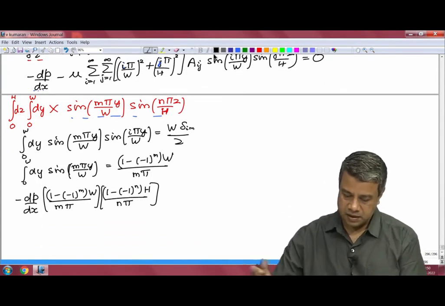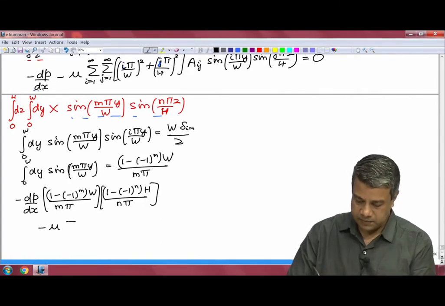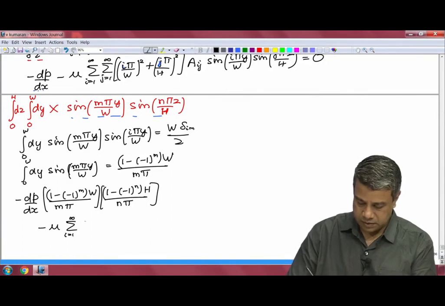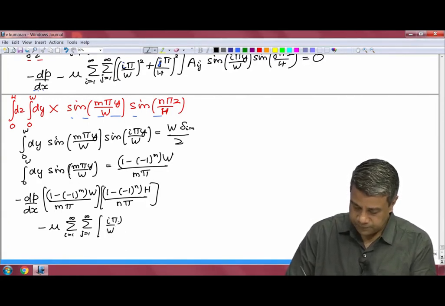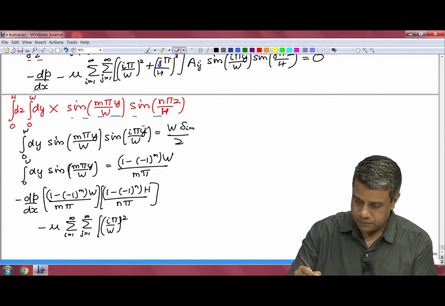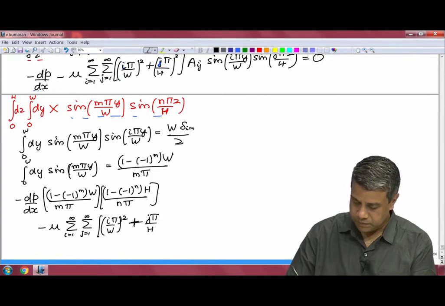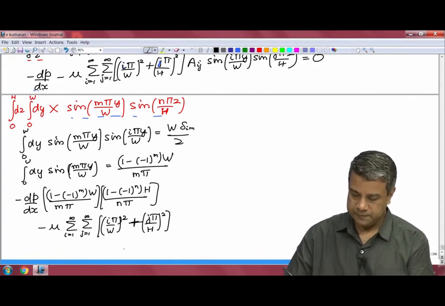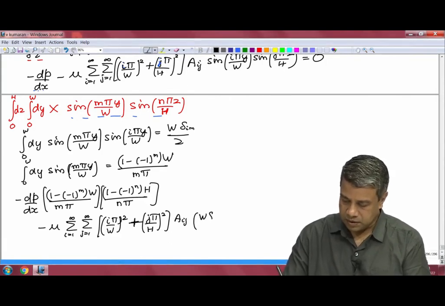The second term, I am multiplying mu and the summation into this coefficient (i pi by w) the whole square, into a i j into w delta i m by 2.